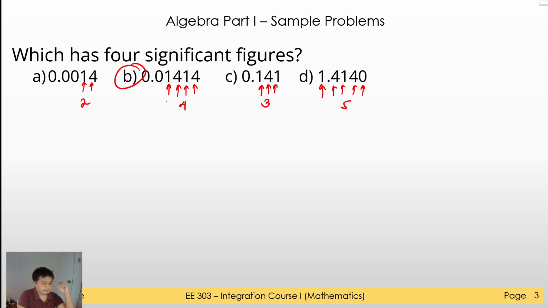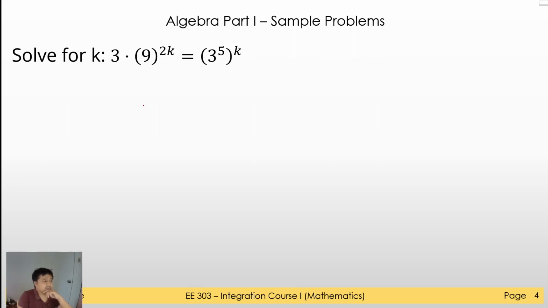So letter B. Okay, so solve for k. We have 3 times 9 raised to k is equal to 3 raised to 5k. Sorry, 3 raised to 5 times k. So, how do we solve for this? Actually, you can use your calculators directly. But to solve this analytically, we have to change this 9 into the same base as this 3.